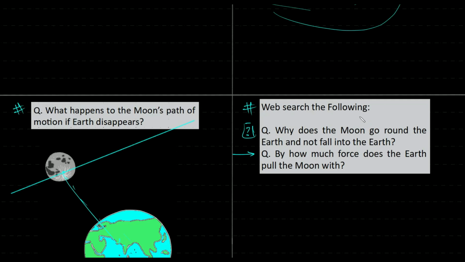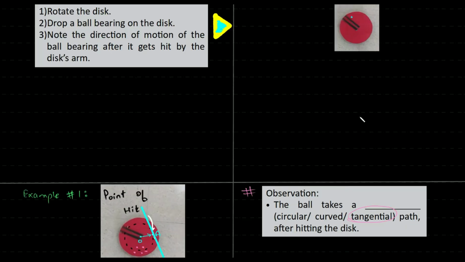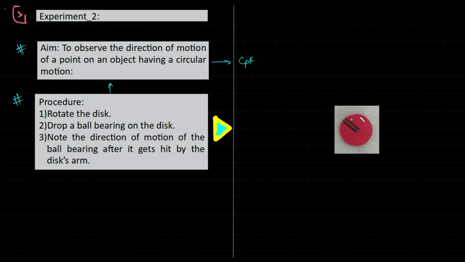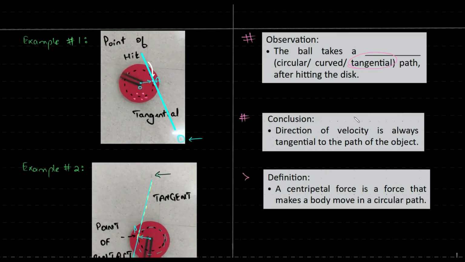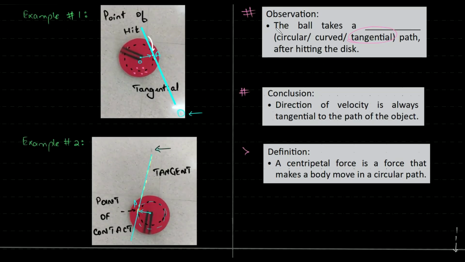And now you have to make a note, a running note, of the second experiment. Again, all of this can be asked as an application based question. Observation and conclusion are similar again. If you are interested, you can write that. Definition also, we have already written it.